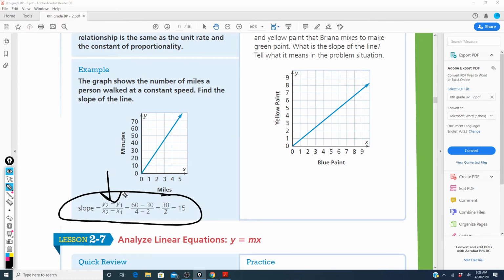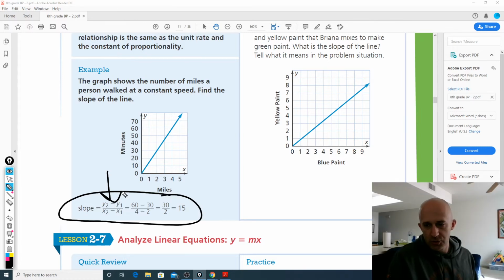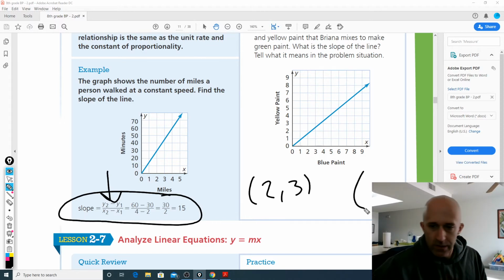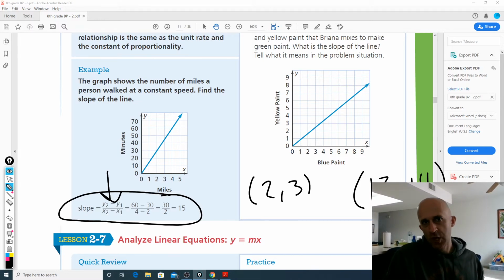You take 2 points on the line. So say for instance, a question gives you 2 points on a line, 2, 3 and 12, 14, and asks what would be the slope of that line.